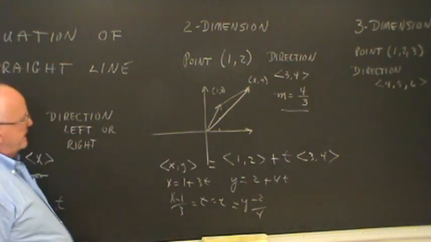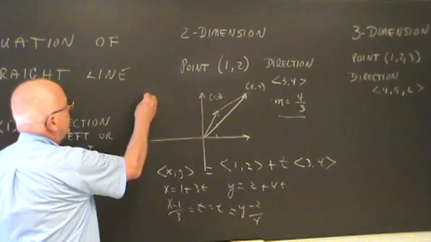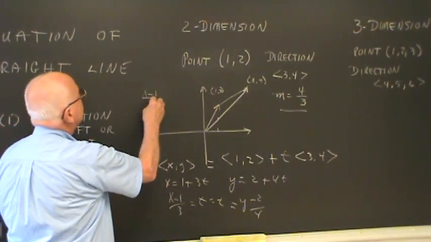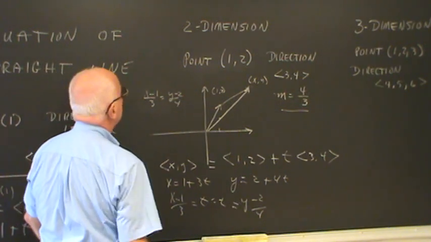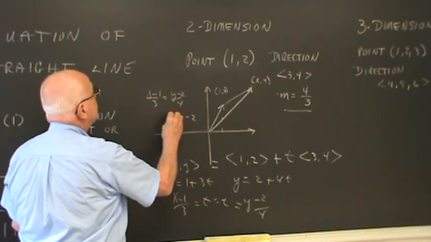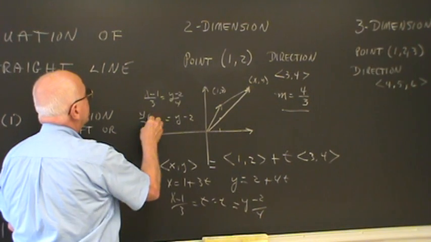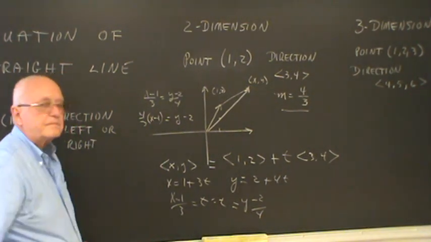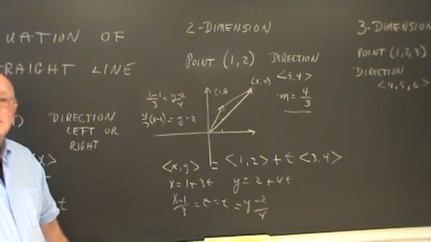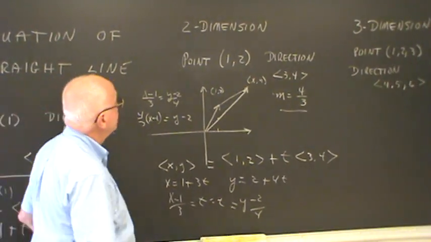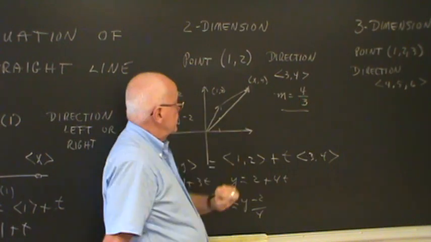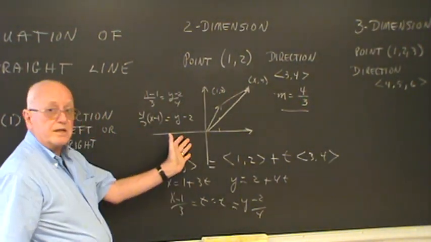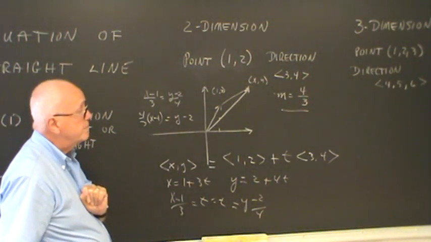And since t equals t, we have x minus 1 over 3 equals y minus 2 over 4. Or y minus 2 equals 4/3 times x minus 1, which is the point slope formula for the equation of a line going through this point in this direction. So here we have a very nice equation, and this can be solved to y equals mx plus b.